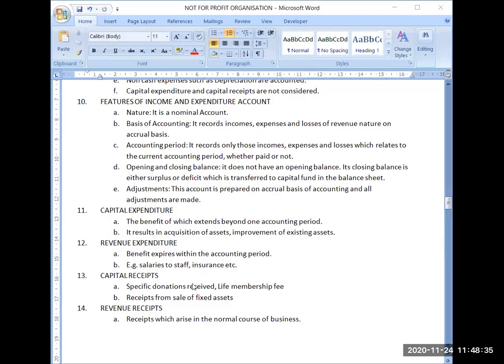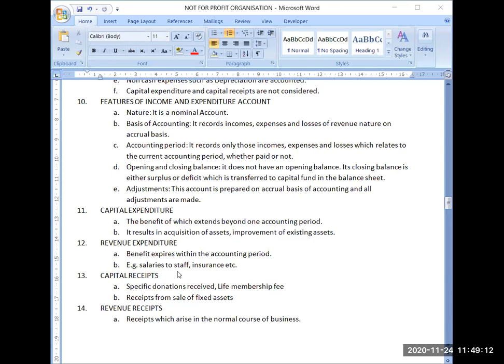The specific receipts are like if you have received any specific donation for any specific purpose, like if you have received some amount for construction of building from someone, you have received donation for the construction of building, so that will be termed as your specific receipt, and that specific donation will be termed as your capital receipt.